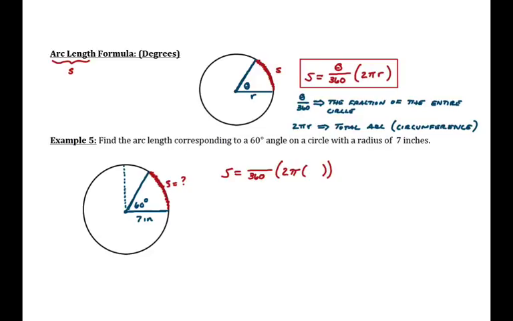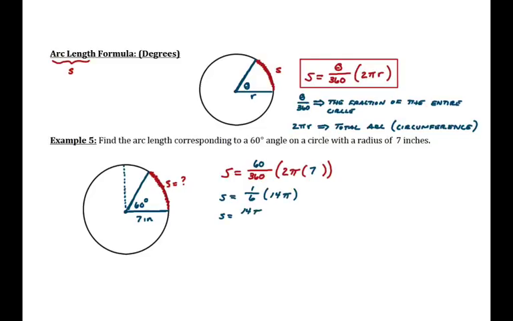To find this arc length, I would take my angle, which is 60 degrees, write that over 360, and then take my radius, which is 7 inches, and put that in for the radius of the circle. So I'm taking 60 over 360, which can be reduced to 1/6, and multiplying it by the total circumference of the circle, which is 14 pi.